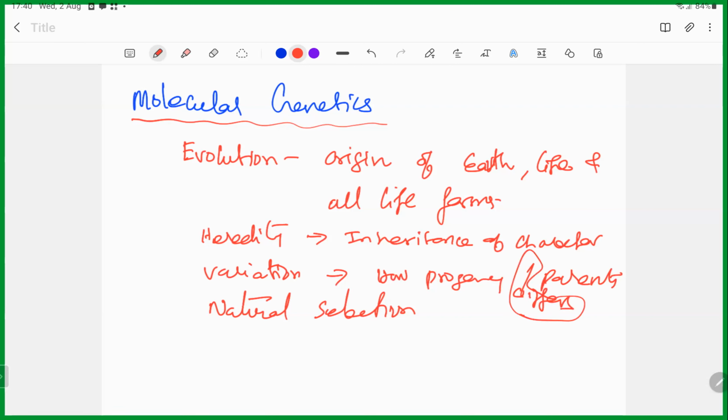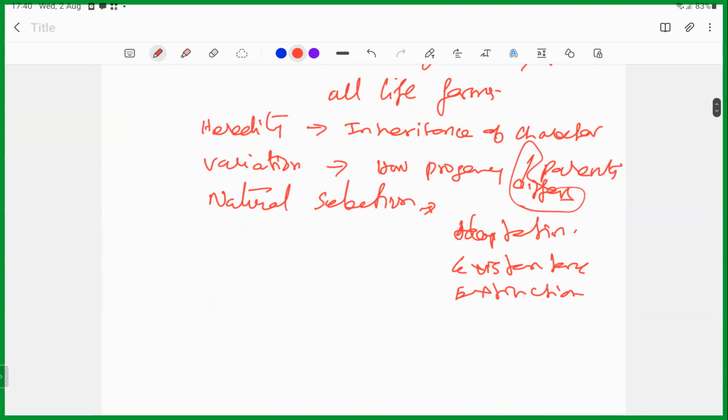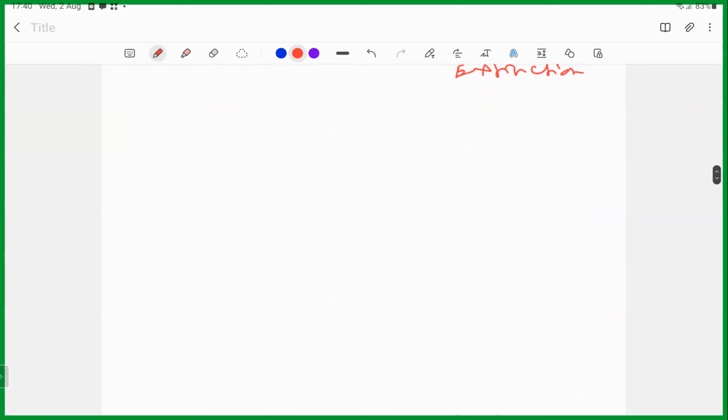Natural selection talks about which organism is having more survival, the adaptation, existence, and then extinction, everything. So like that, how different organisms are existing and why many organisms are extinct.